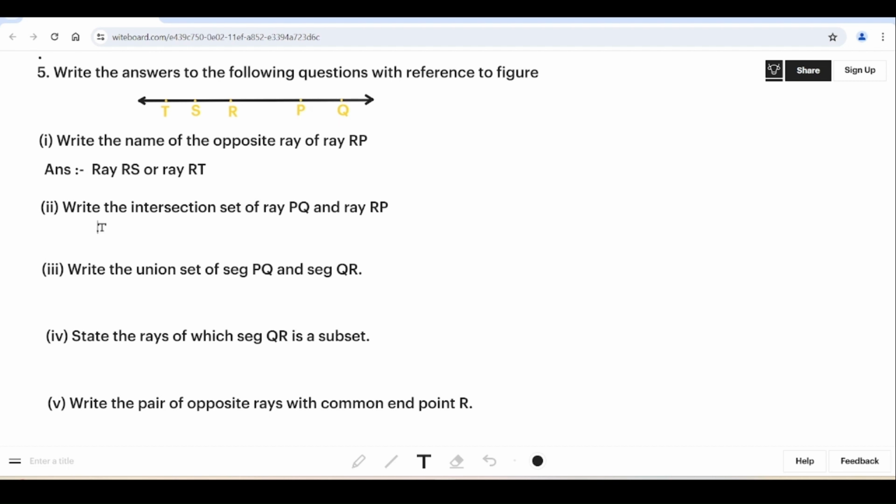Now, write the intersection set of ray PQ and ray RP.